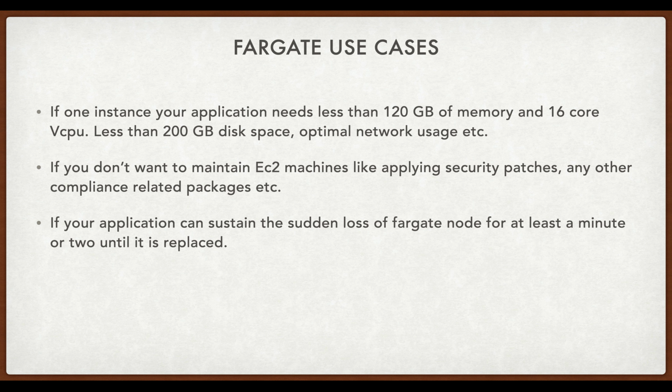So sometimes AWS does the patching, and in the background a node may get restarted, or maybe a node becomes unstable, and then your application may get lost for a few seconds, or maybe 2 minutes. So make sure that your application is able to sustain these losses. If you are running multiple instances of your application under the load balancer, then it should not be a problem.